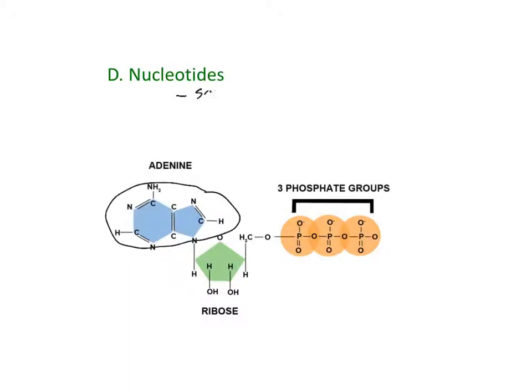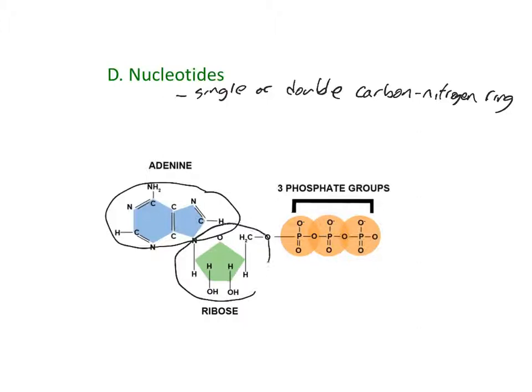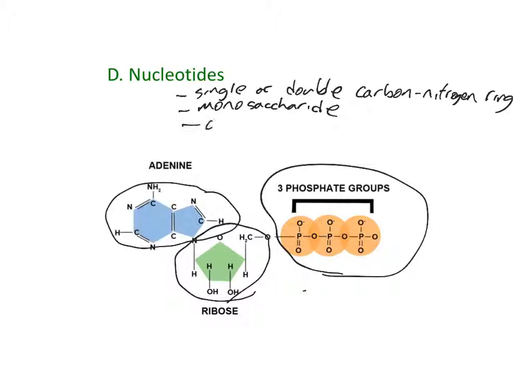So single or double carbon nitrogen ring. You have a monosaccharide, so a single sugar molecule. And then one or more phosphate groups. So here's the phosphate groups.